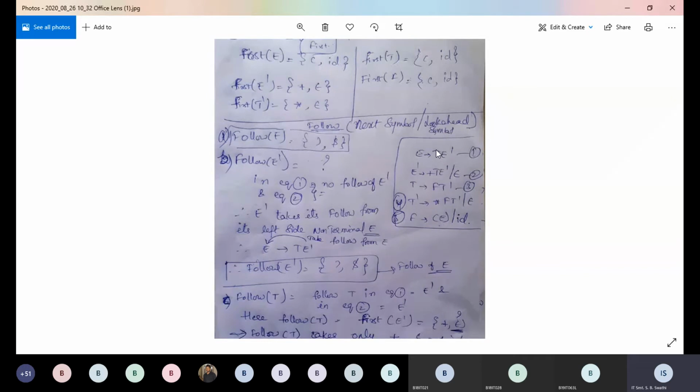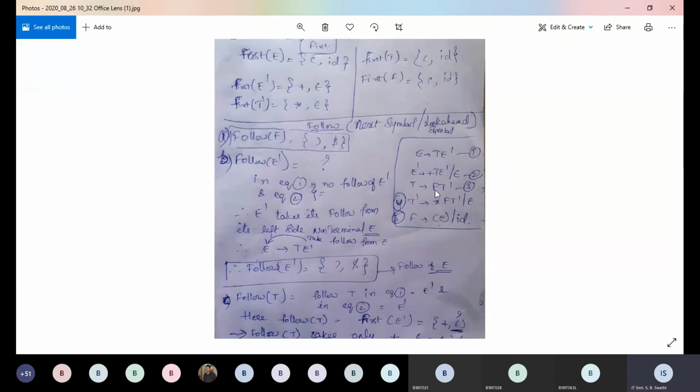Again we will check. If capital T is there, then check the T production. If it is a terminal value, no need to check; you can take the terminal value directly. Since it is a non-terminal here, I will go to the T production. Where is the T production? Among these 5, equation 3 is our T production. In this T production, again you check only the first symbol on the RHS, which is F. Neglect T dash, neglect E dash, neglect the second symbols.